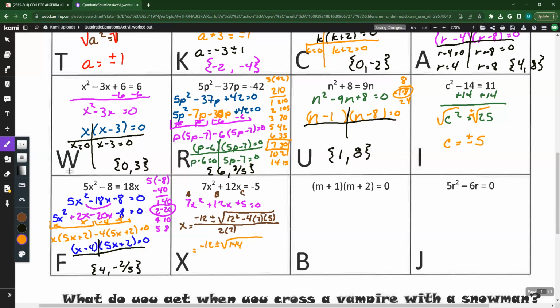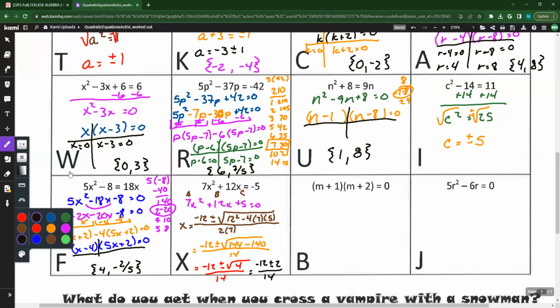Now, I can multiply in any order that I want, and I like 4 times 5 is 20. 20 times 7 is 140. So 144 minus 140, all over 2 times 7 is 14. And then this gets to negative 12 plus or minus 144 minus 140 is 4, over 14. I'm running out of room, negative 12 plus or minus 2 over 14.